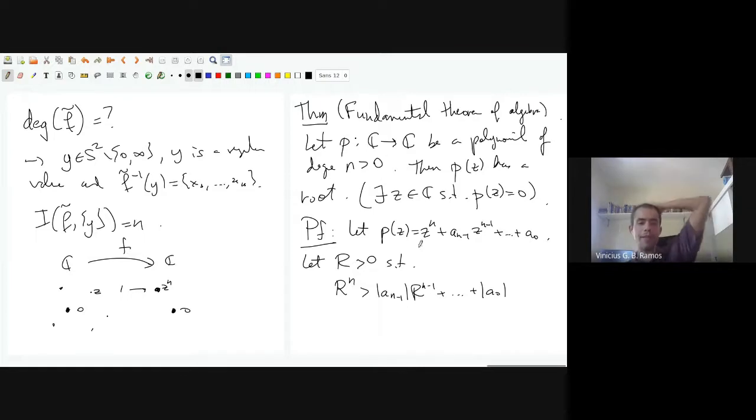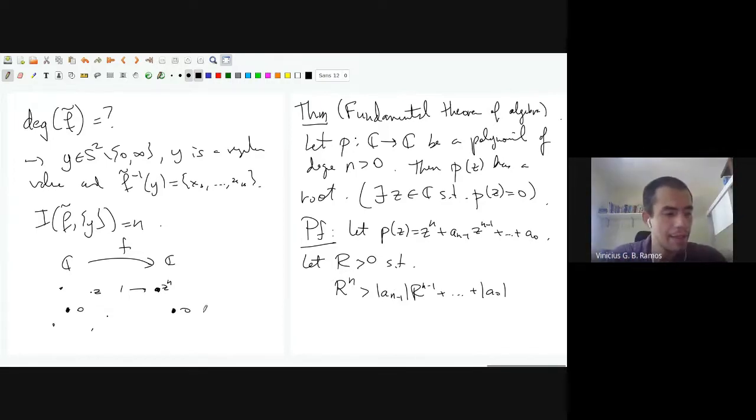You can always do that because this polynomial has degree n. If you divide this one by this one, as r goes to infinity, this goes to infinity, so at some point this quotient has to be greater than 1. So you can always find an r for which this is satisfied.